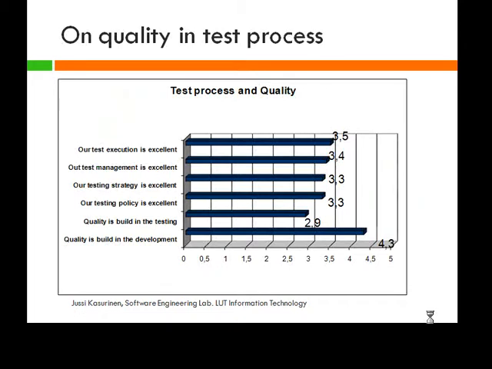So, how is the quality of the test process? First of all, we did a survey on the different levels of test process. Based on the results, it seems that the organizations are pretty harmonious in their different test process levels, meaning there are no great variations between, let's say, management of the test process or executing the testing work.